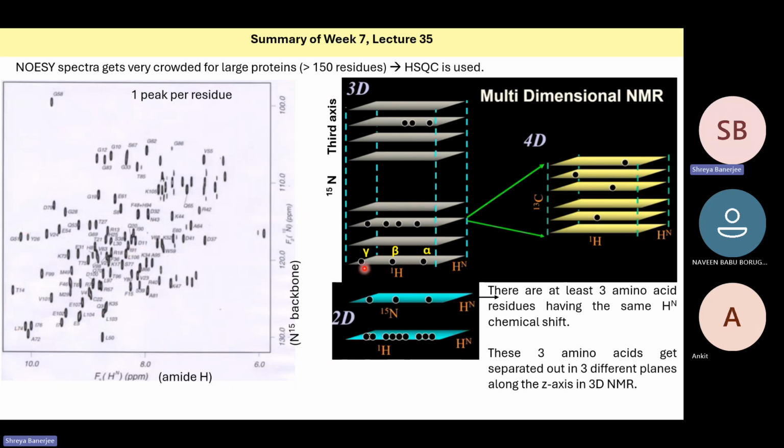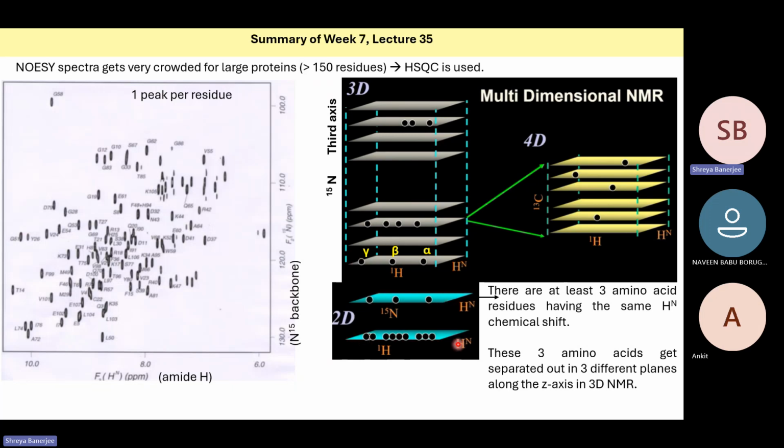Now, if we add a third axis consisting of 15N, as in this example shown here, it is basically pulling the nitrogen chemical shifts up. So each plane corresponds to only one amino acid. Because the N15 chemical shift is different for the different amino acids, each plane will have one amino acid. And within that plane, you can have the alpha, beta, gamma hydrogens of that particular amino acid.